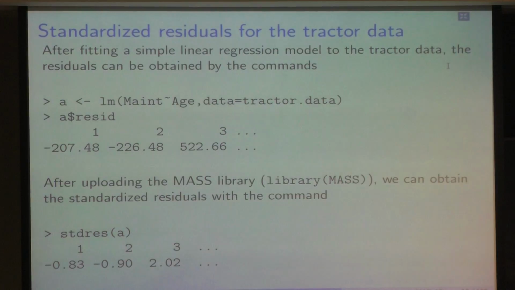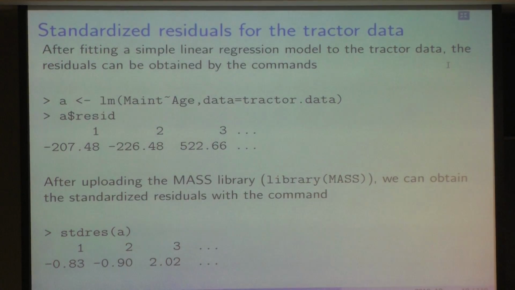I think this one, standardized residual 3, 2.02, is actually the largest of the standardized residuals that we get. So that's the one that we might be most alarmed by. But really, 2.02 is not very large compared with a t-distribution with only 15 degrees of freedom.